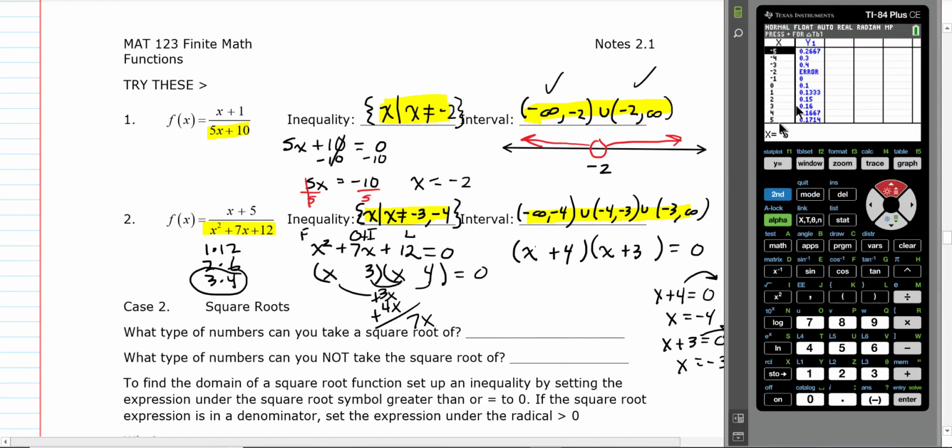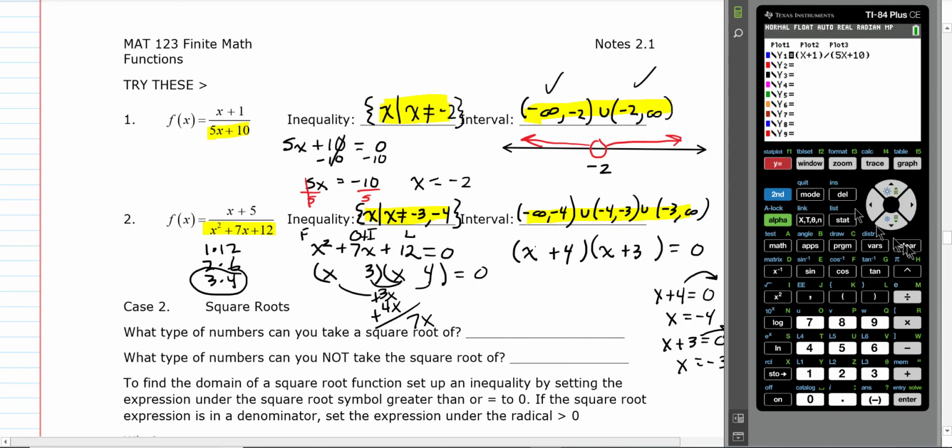Now I'm going to do this one also on the calculator and show you how this goes. So I would put this in like this. I have to have parentheses around the numerator and denominator when you graph this. So you have that. Then you put x squared, and then plus 7x, and then plus 12, like that.